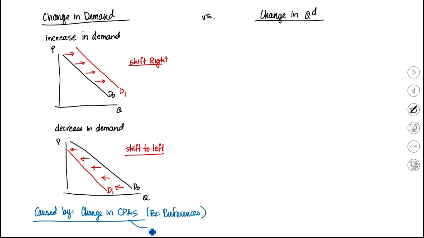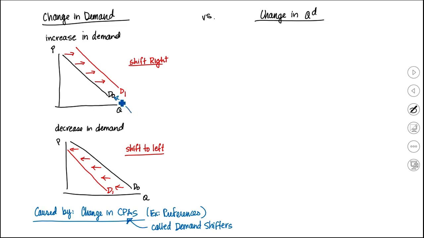So for that reason, guys, our CPAs are also called demand shifters. So I might call them demand shifters, I might call them ceteris paribus assumptions, CPAs. That's the same thing, okay? So a demand curve shifts because there's a change in one of those things we're holding constant. So I want to be very clear.